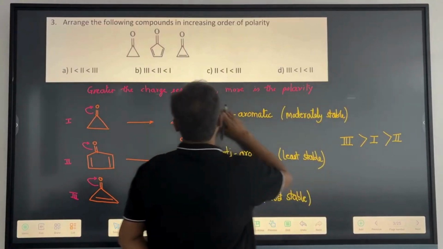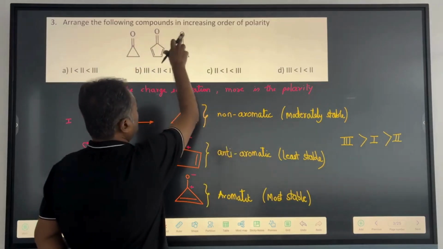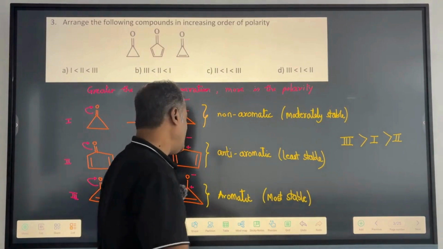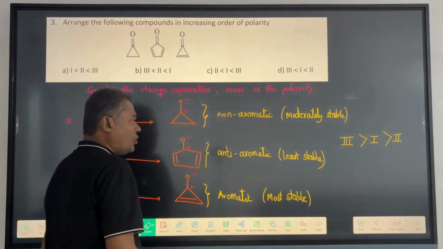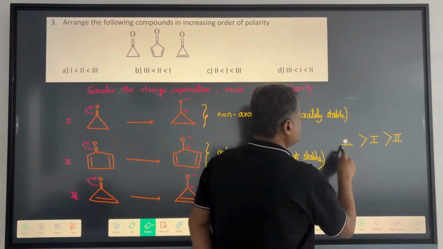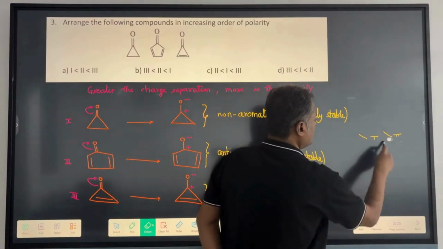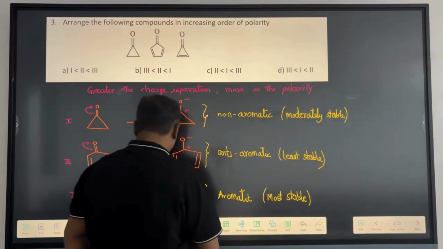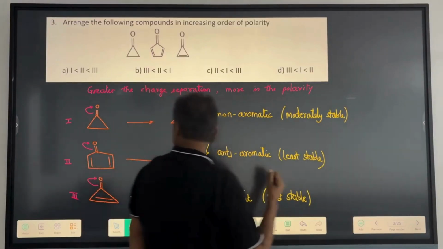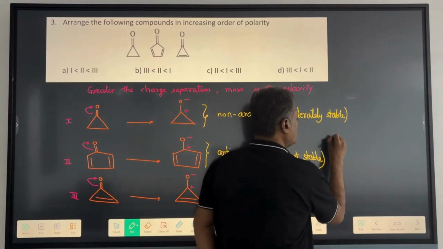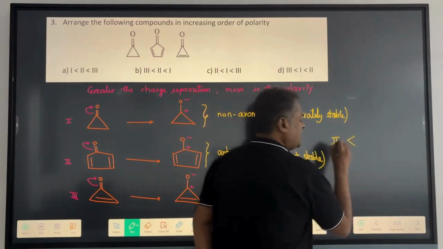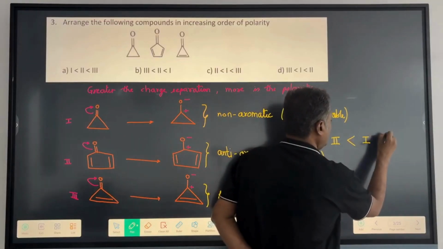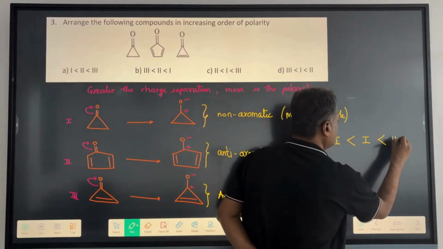But now the question is: arrange the following compounds in increasing order. When you talk about increasing order, we have to go from least polar to more polar, correct? So the one which is least polar is structure number 2. In increasing order the next one will be structure number 1, and then structure number 3.